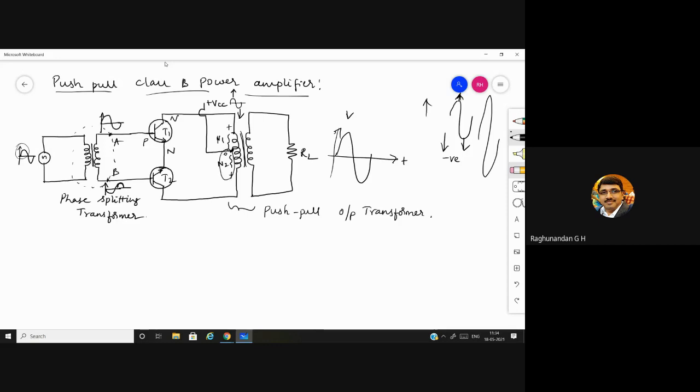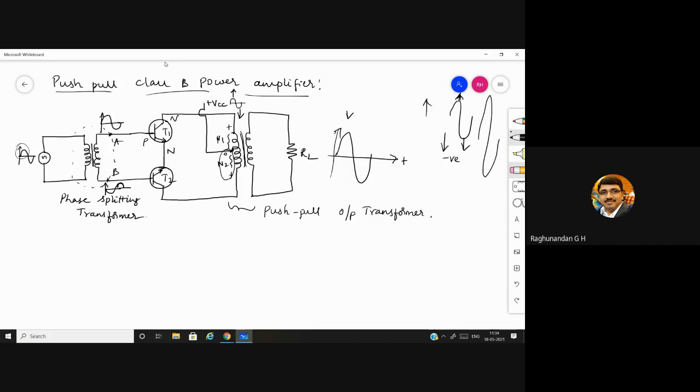The upper part of the primary coil is 0 to plus in the upper direction, but this one is from 0 to plus in the lower direction.